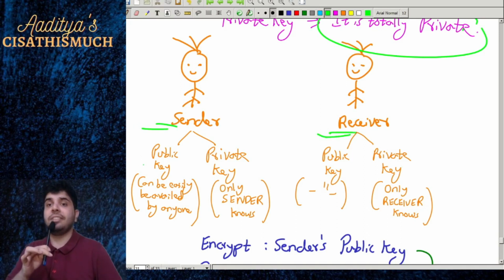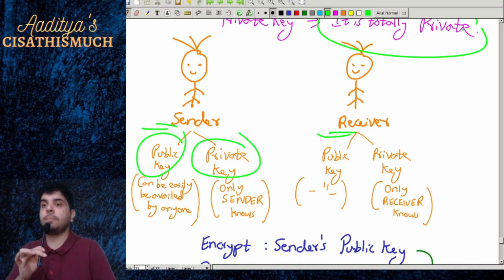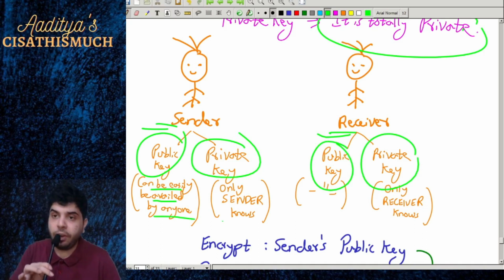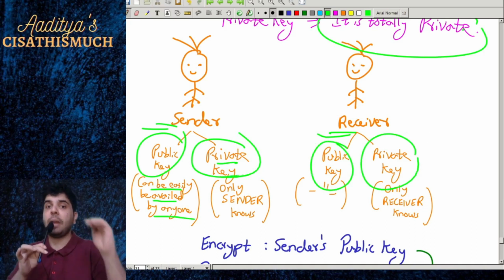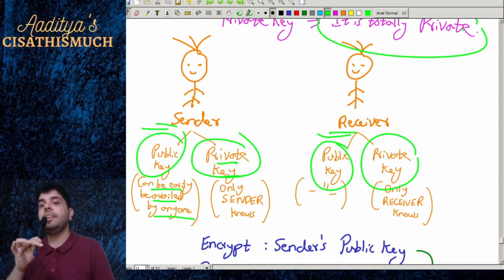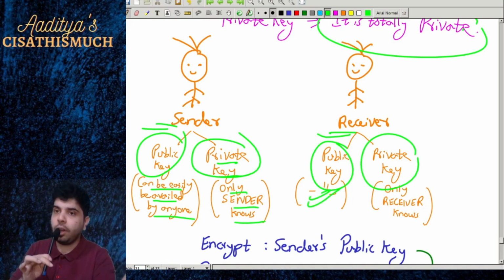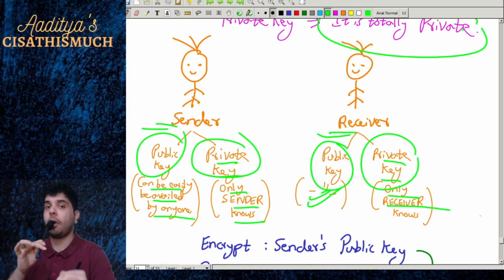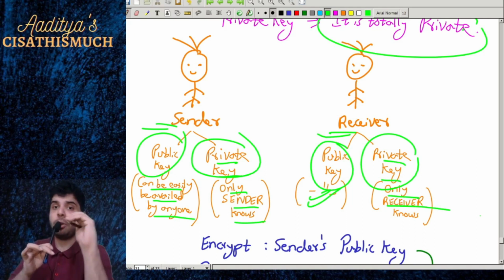The sender's public key can easily be availed by anyone, but the sender's private key is only available with the sender. The receiver's public key can also be availed by anyone, but the receiver's private key is only known to the receiver. Not even the sender knows about it.